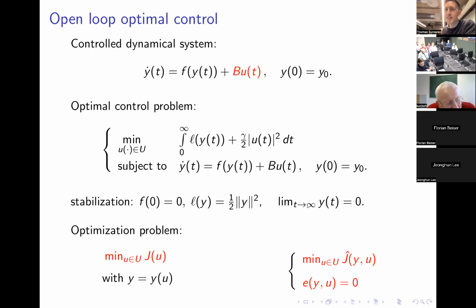MPC, yeah, of course. In my group, we worked a lot on MPC. For the non-experts, let me quickly say what model predictive control is.